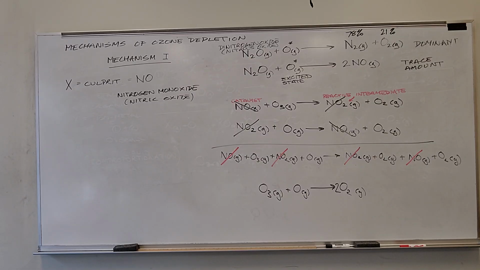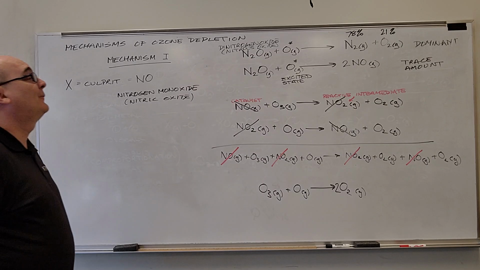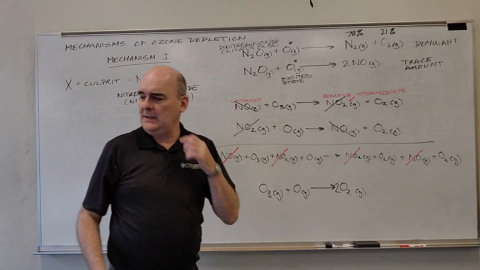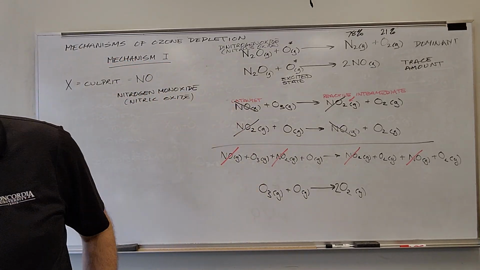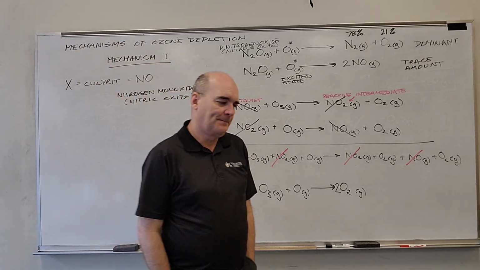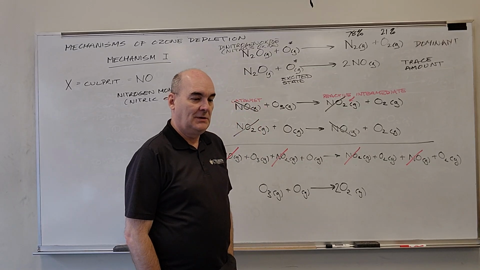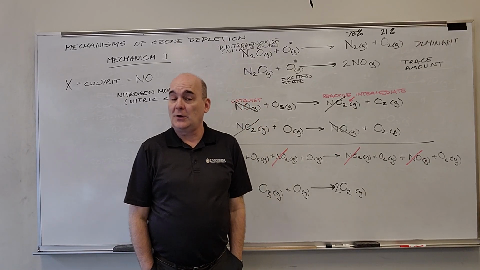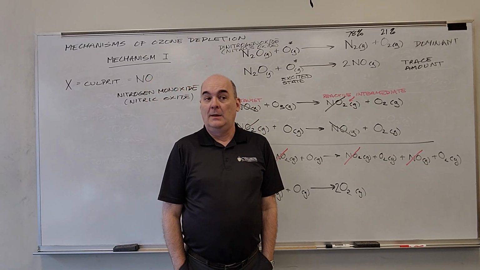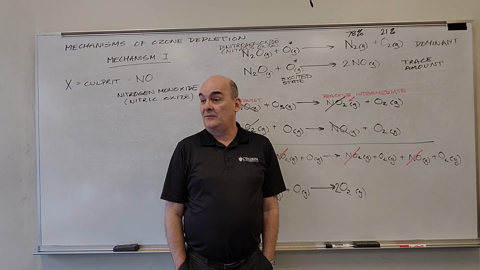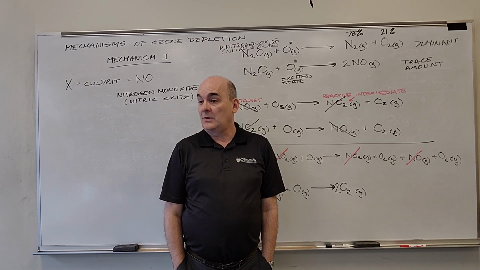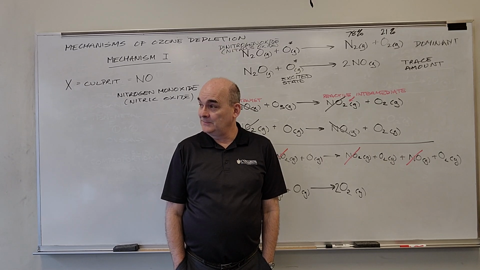Okay, one of the things that I was kind of hoping for when I saw that this topic was in the book was, this is a really good opportunity to talk about the kinetics of mechanisms that occur in two steps.